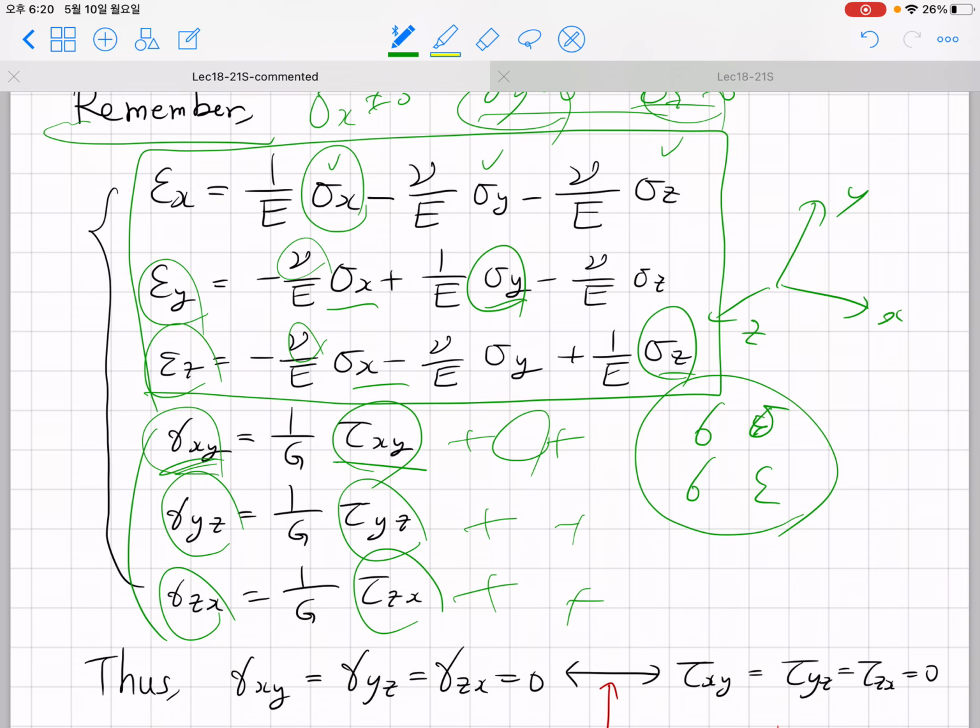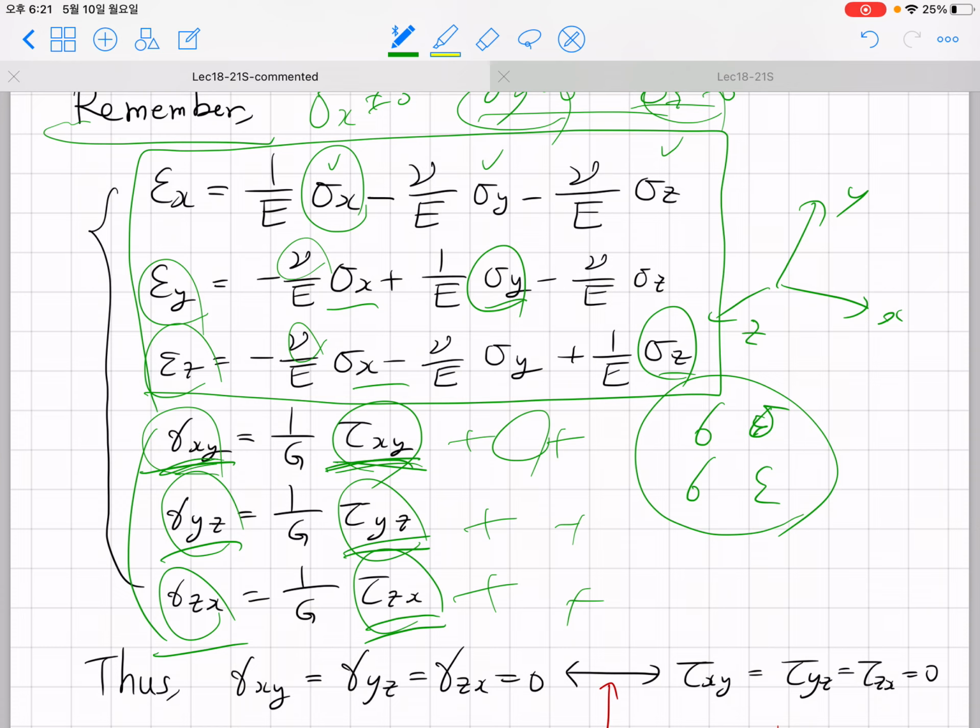In this case, what's the definition of a principal axis? If you have a principal axis for stress, there is no tau value. Tau xy, tau yz, and tau zx are 0, and it directly implies that when these 3 components are 0, the 3 shear strain components are automatically 0, due to their simple material relationship.